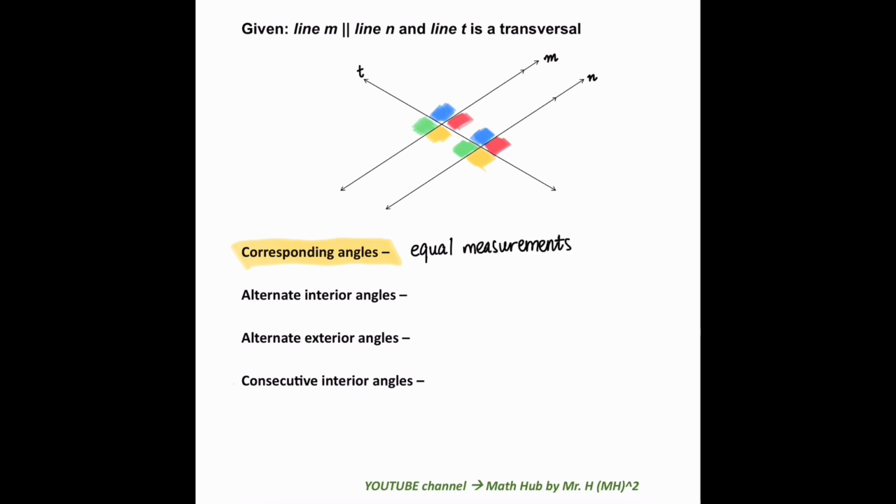So the next pair of angles that we're going to be talking about is alternate interior angles. Based on the alternate interior angles theorem, if the two lines are parallel and being cut by a transversal, then the pair of alternate interior angles are also equal in measure. From the term itself, interior, we're going to be looking at the area inside.